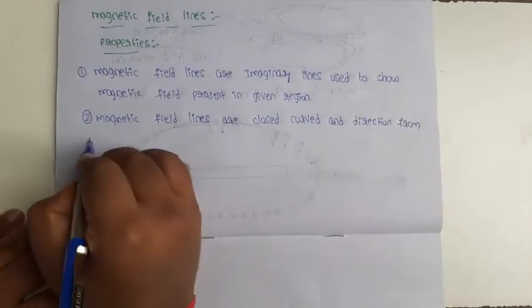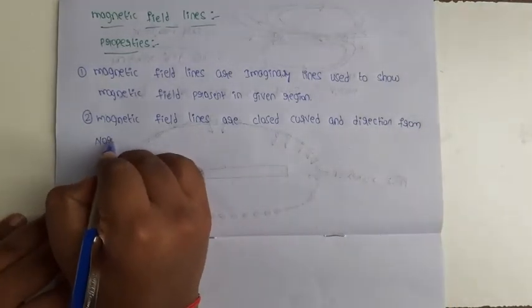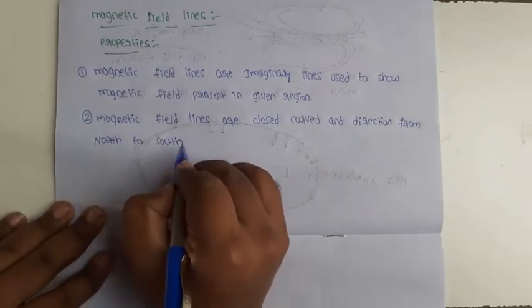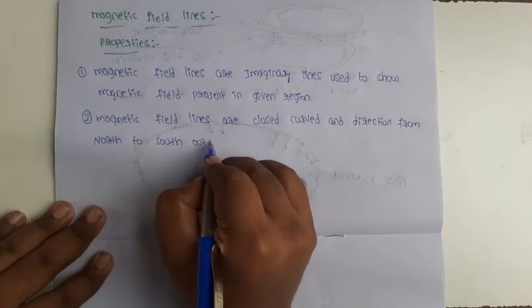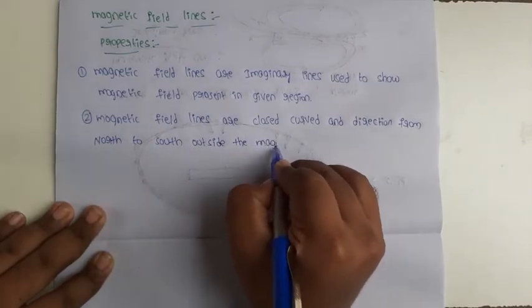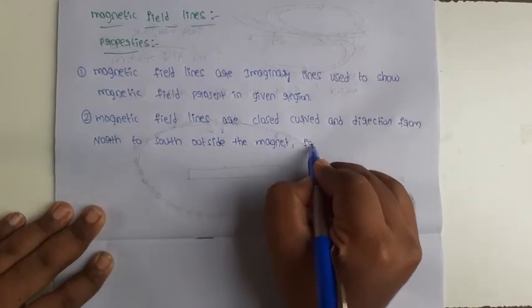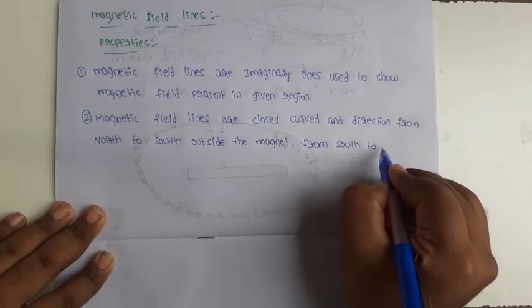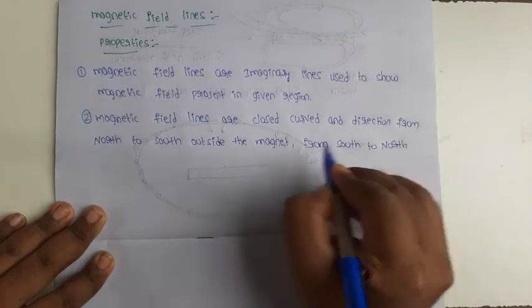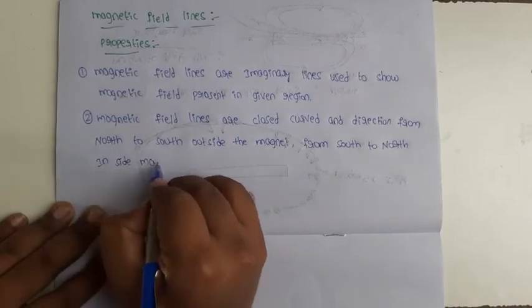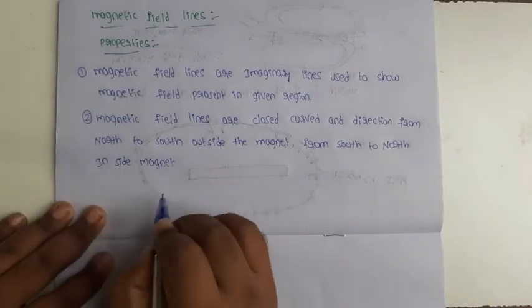From north to south outside the magnet, from south to north inside the magnet.